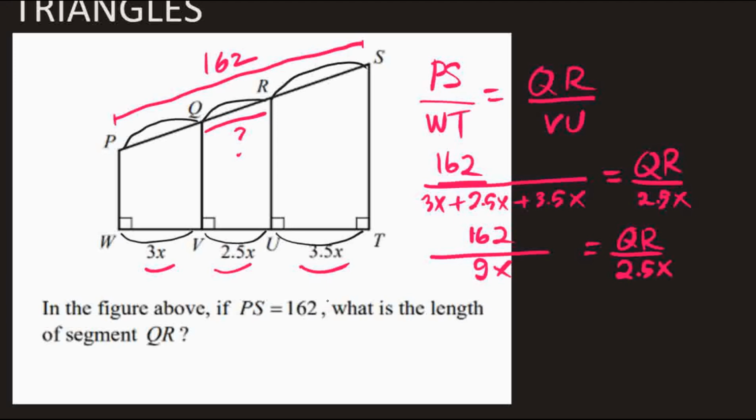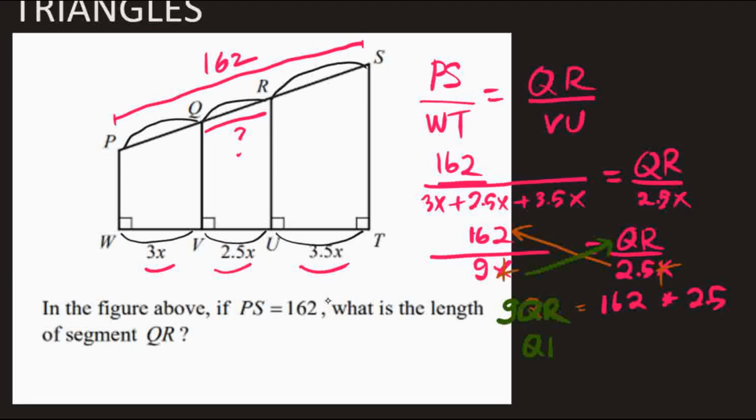And we can cancel the x here. Now we got QR equals 162 times 2.5, so we do cross multiply here. After we cancel the x, it's equal to 9, so going here will be 9 times QR, 9QR.